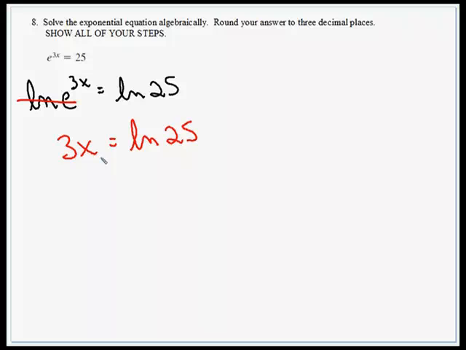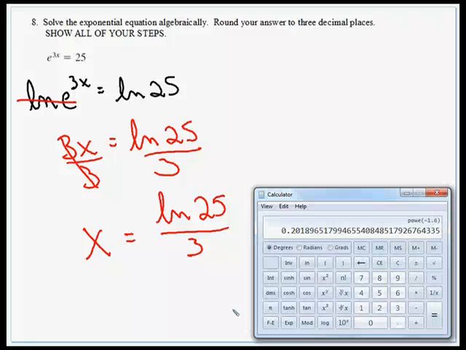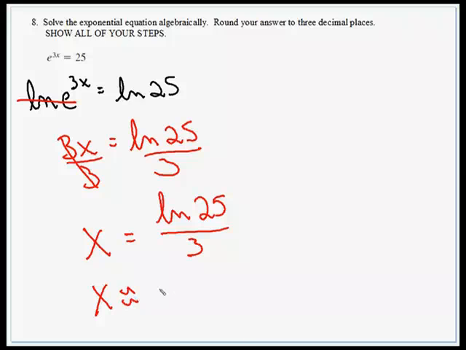And then, of course, we're going to divide both sides by 3. X equals the ln of 25 divided by 3. So 25 natural log divided by 3 equals 1.073. X is approximately 1.073.